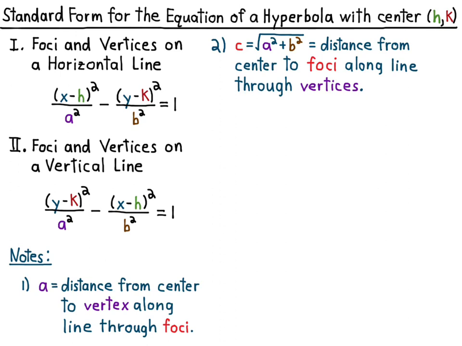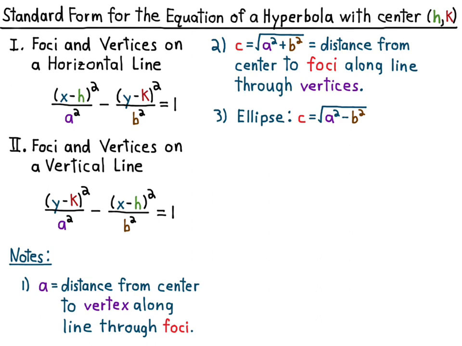So A is the distance from the center to each of the vertices, and C is the distance from the center to each of the foci. For this, C will be larger than A, hence the plus inside the square root.